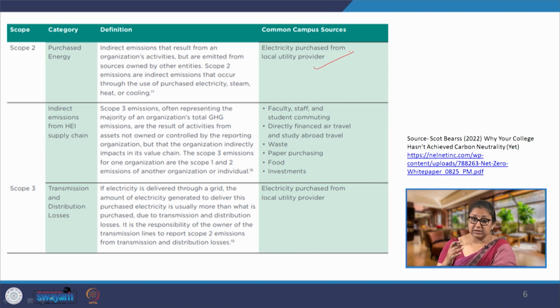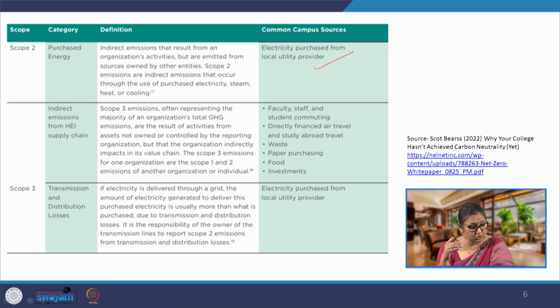So, the processes are what result in scope 1 emissions, but otherwise most of the emissions are coming from the consumption of electricity that is primarily going into maintaining a comfortable environment in university buildings.